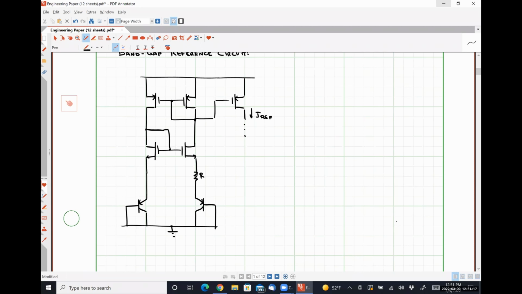So current mirroring can be summarized with a very simple pictorial diagram. All right. So this is what our current mirroring scheme is going to look like. We have a reference current, IREF, that's being supplied by some stable current source like our band gap reference circuit. This current gets fed into what's called a current mirror circuit.